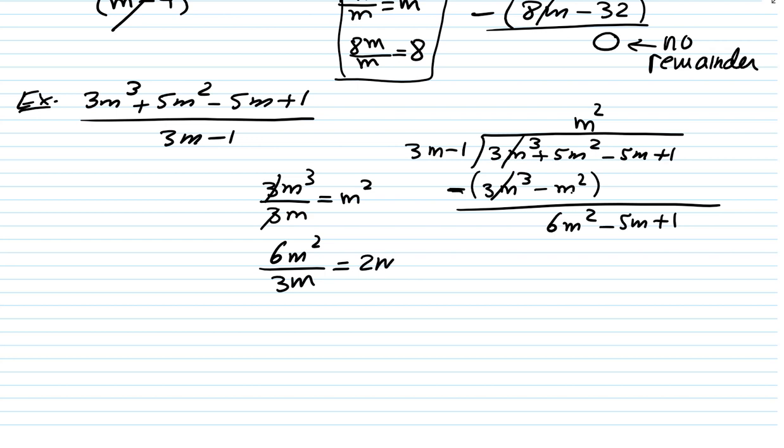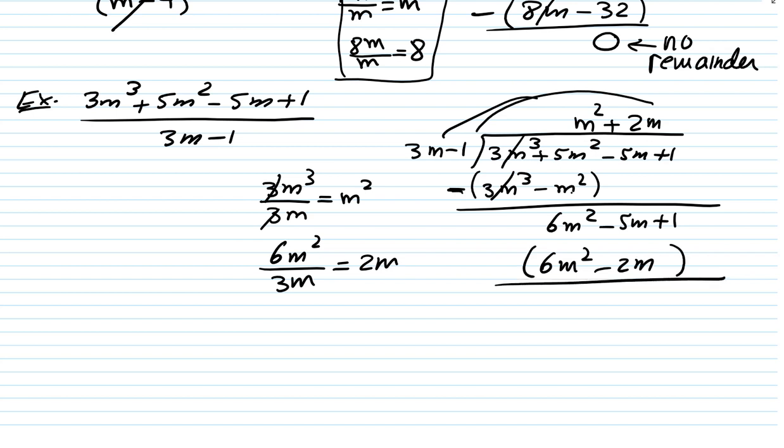That's going to be 2m, plus 2m. And then multiply by divisor, you get 6m squared, negative 2m. And then we subtract it. Negative, negative is positive 2m, negative 5m is negative 3m plus 1.